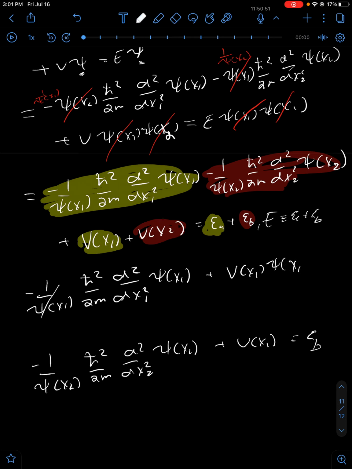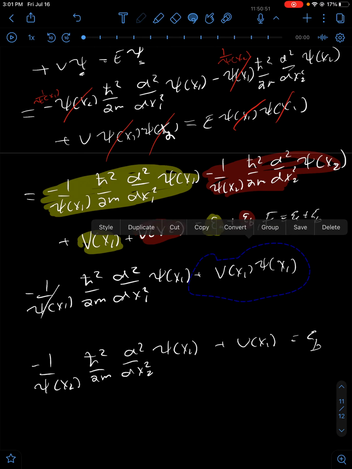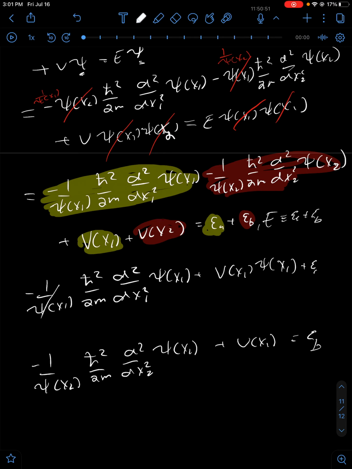When we do that, we get epsilon A psi of x1.